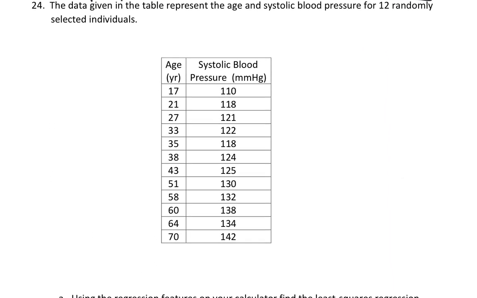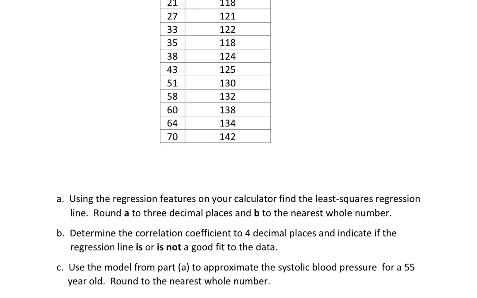All right. Question 24. The data given in the table represents the age and the blood pressure for 12 randomly selected individuals. Using the regression features in your calculator, find the least squares regression line. Round A to 3 and B to the nearest whole number.